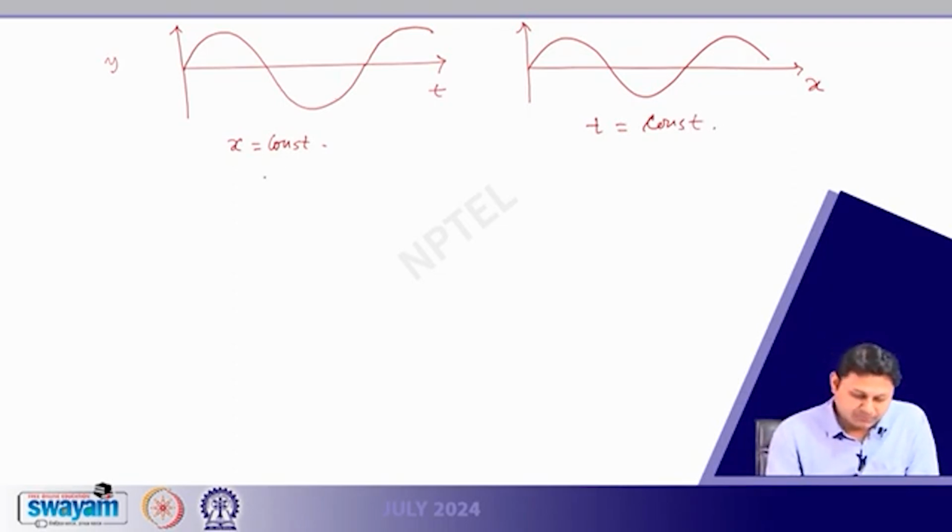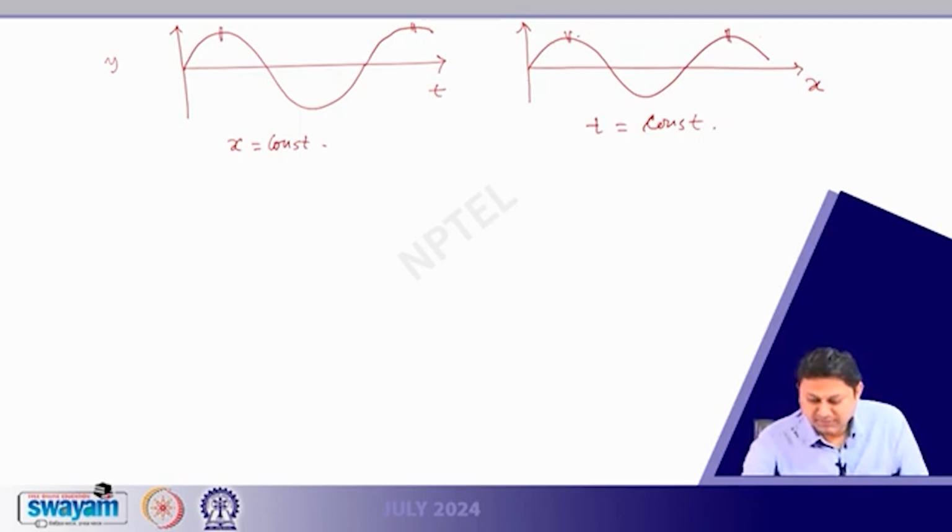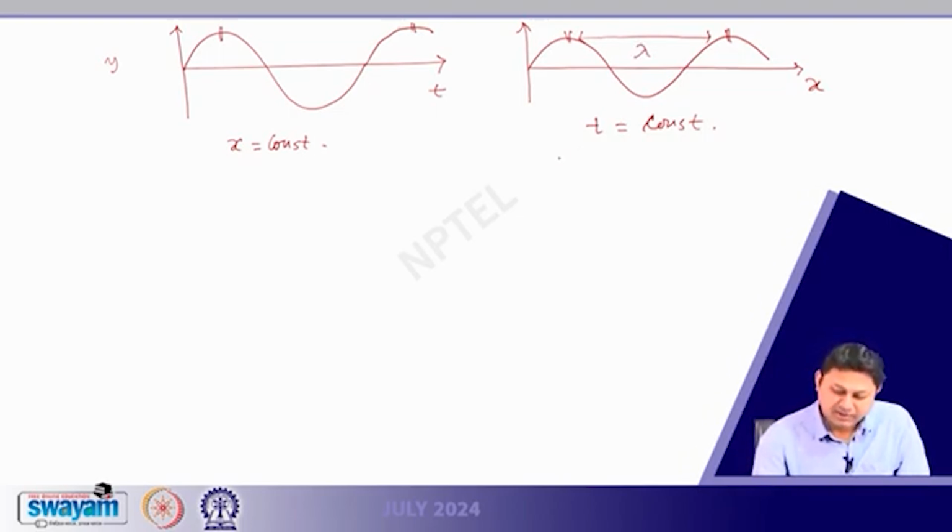Now for constant x, I have 2 points here to here, and for constant t also I have 2 points here to here, which are in the same phase. So the distance between two points having the same phase is known as lambda, where lambda is the wavelength.